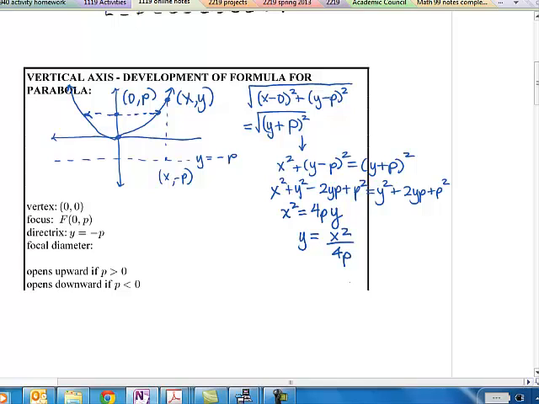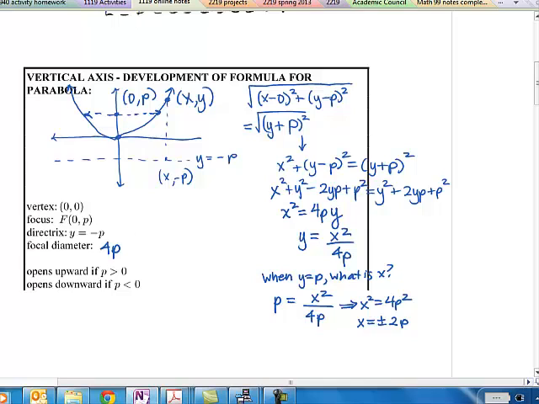What we could try to figure out is when y is p, what is x? When y is p, we would have x squared is 4p squared. So x would be positive or negative 2p. So the distance across would be 4p. So the focal diameter, that's the distance across through the focus, is always 4p.